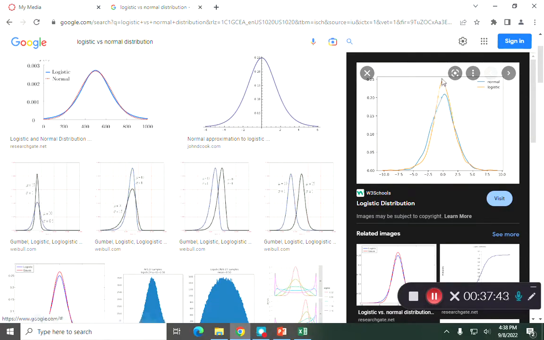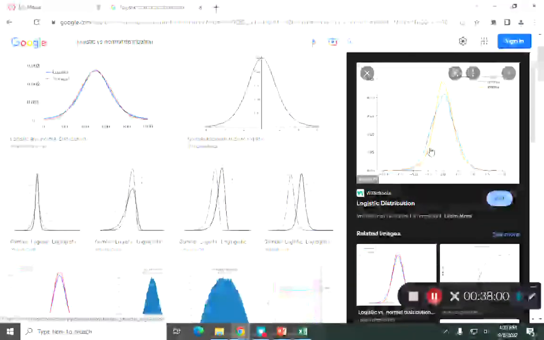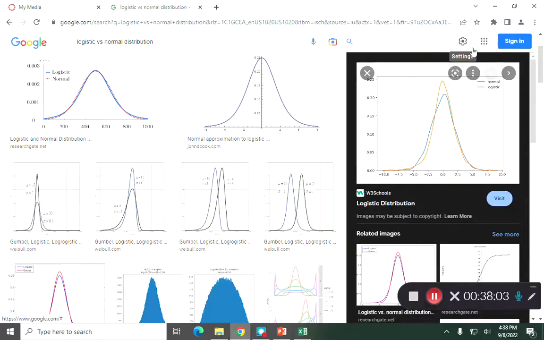So you will see that usually the peak is at about the same point. But the growth, normal grows a little smoother. Logistic tends to be a little reluctant, and then lets go. And same thing after the peak.